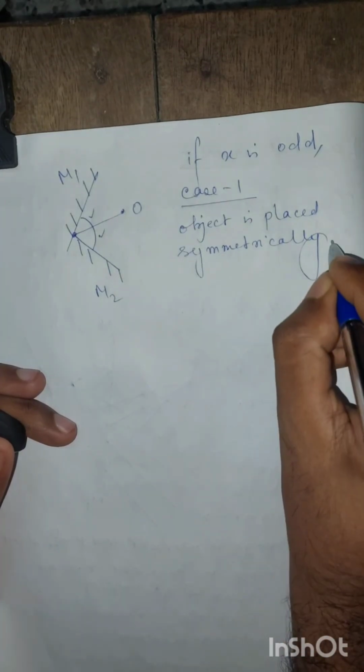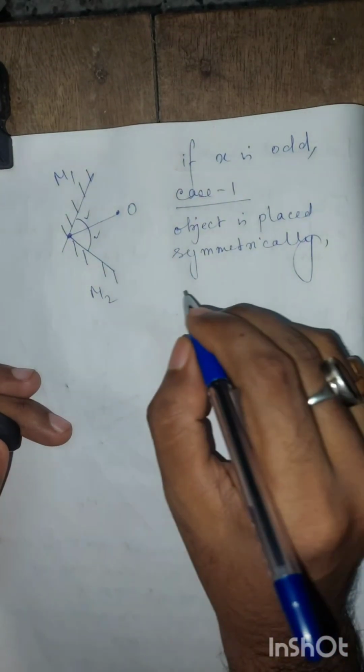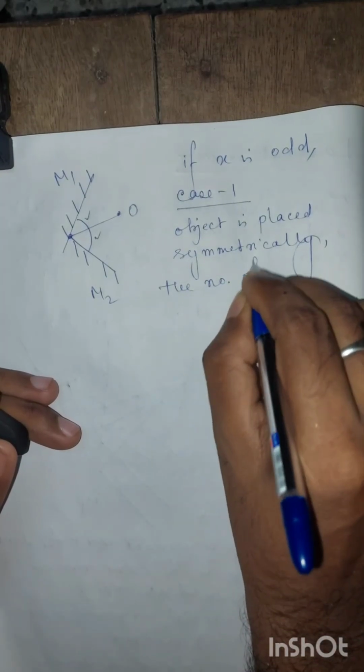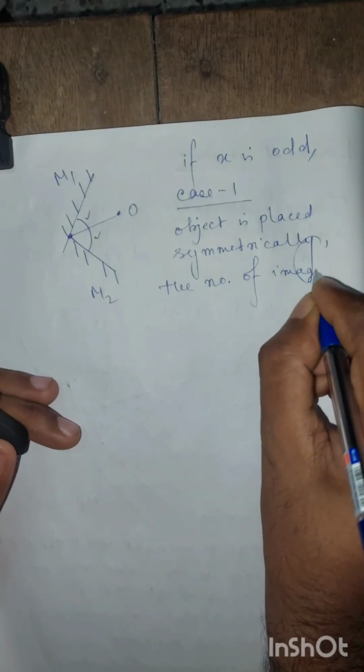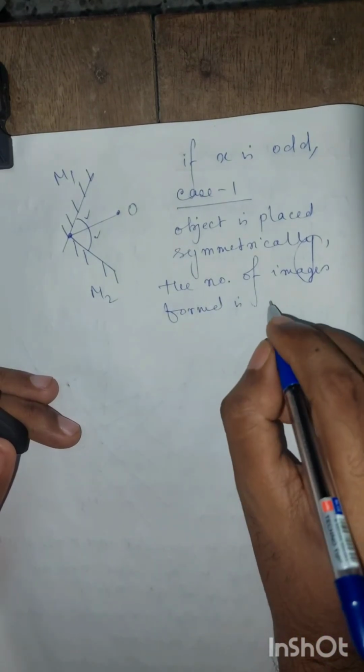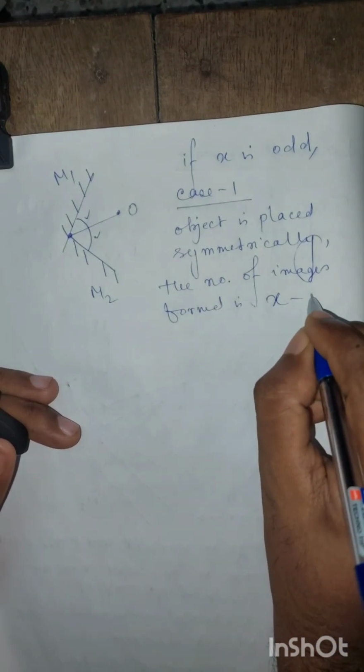When the object is placed symmetrically, the number of images formed is again x minus 1.